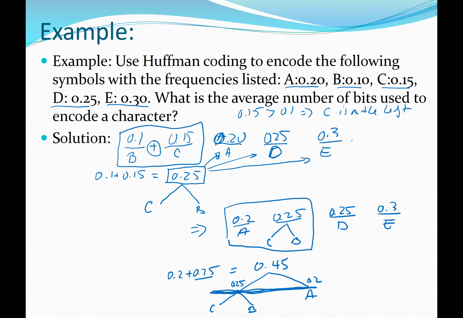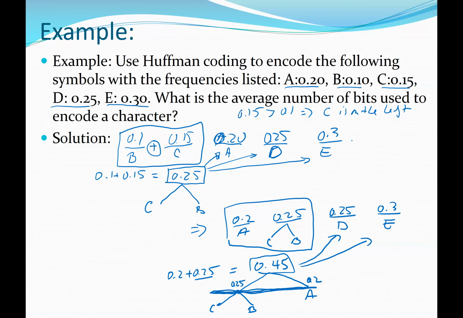And then that's how you go to C. Okay, so A, B, C are not on the same level. 0.25 and 0.2 are the same level. So now you have 0.45. Then you compare with this 0.25 and this 0.3 to see which one's bigger. All right, does that make sense so far?